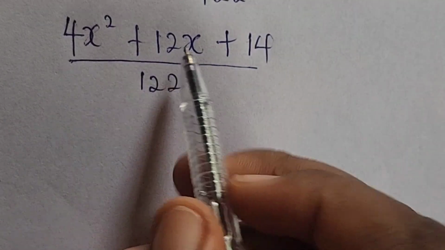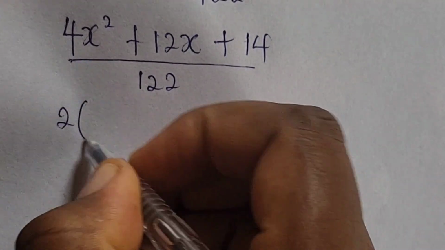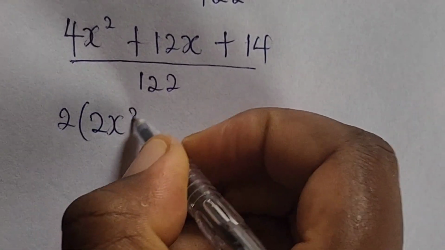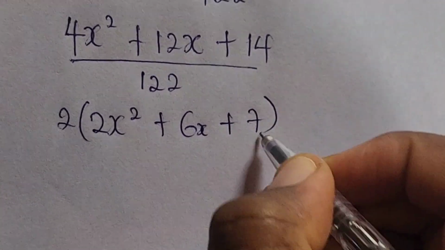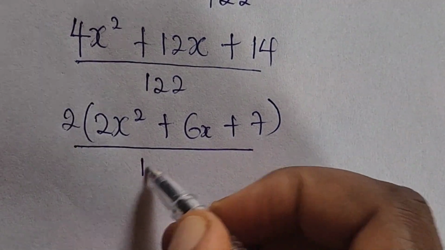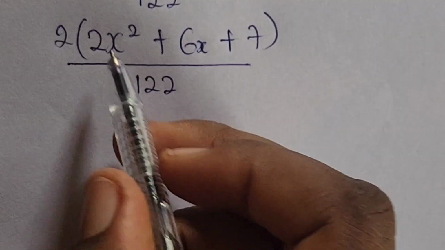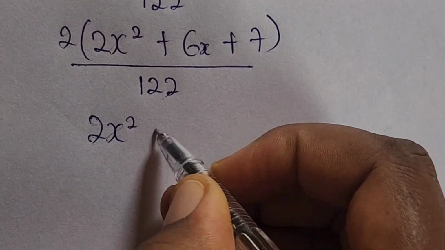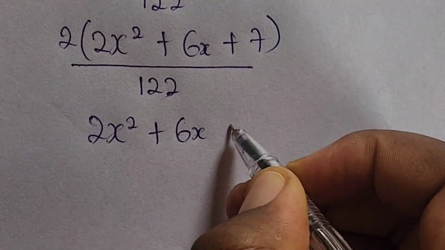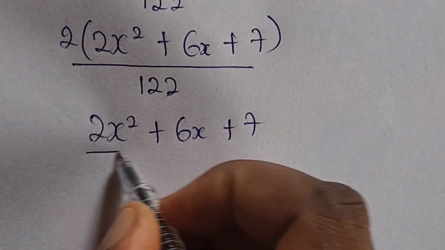So from here we have a common value. We can factor out 2 here to have 2x squared plus 6x plus 7 all over 122. So when this divides through, we'll have 2x squared plus 6x plus 7.